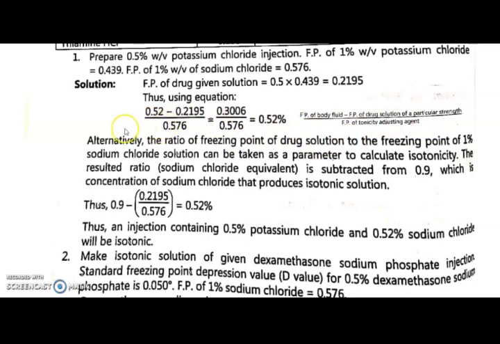Putting the values, it is equal to 0.52 minus 0.2195 divided by 0.576, we get the value 0.52%, which means we have to add 0.52% weight by volume of sodium chloride to make 0.5% weight by volume of potassium chloride isotonic with body fluid.